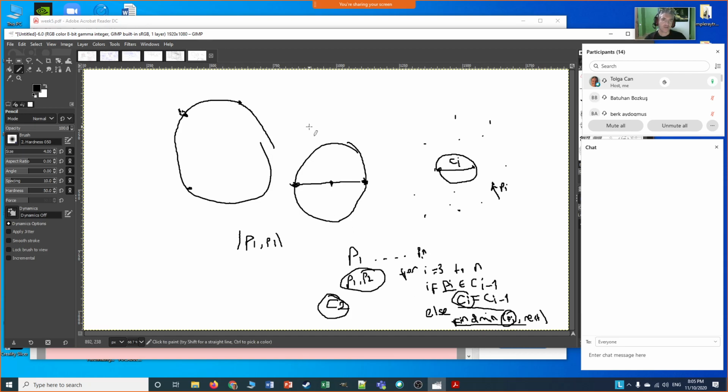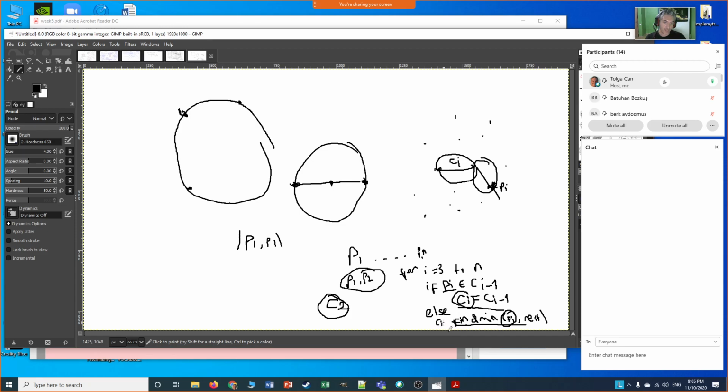We try to find a circle in which we already know one of the points has to be on it. Now we run the algorithm this time, including Pi and one of the points here on it, as the initial circle. So the initial circle changes, because it is going to update Ci.